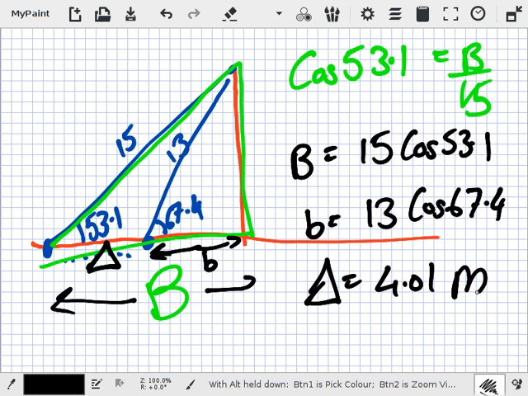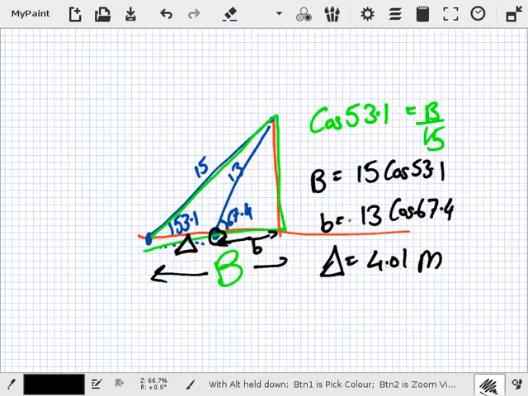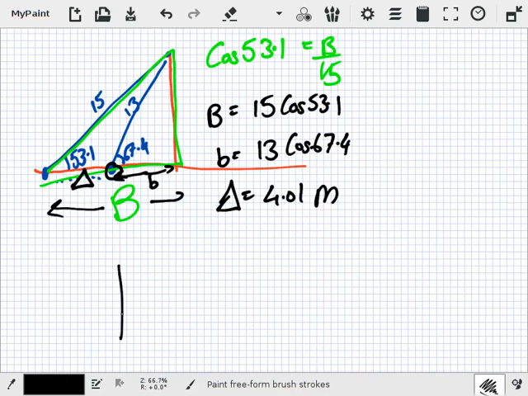Now, in part 2 of the question, the only difference is I want the maximum distance, which means that this peg is over on the right. Same angles though. Yeah, same angles. So in part 2, all I have is this picture, where this is 15 and this is 13, and this is still 53 and this is still 67.